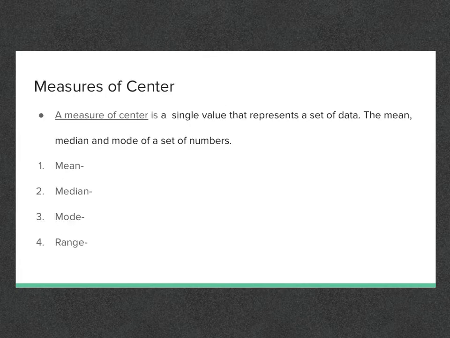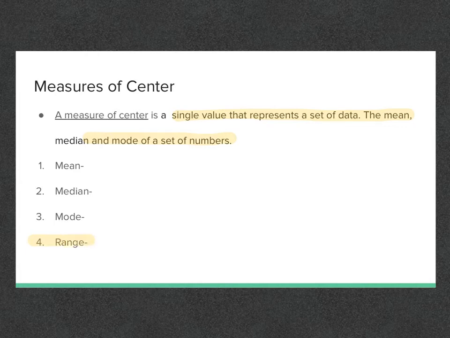Now, when we talk about measures of center, what we're talking about is a single value that represents a set of data. So the mean, median, and mode of a set of numbers. As you can see down here, I have this word range, and that's separate from our measures of center.